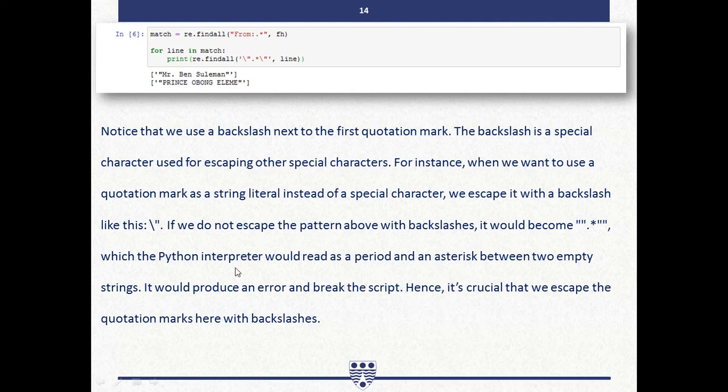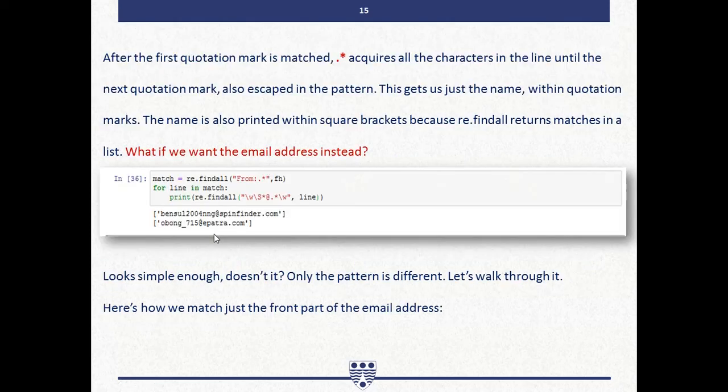Okay, so for us not to break this script, we simply use this backslash quotation mark here. Okay, now using this shortcut here, like I explained previously, acquires the character in the line.